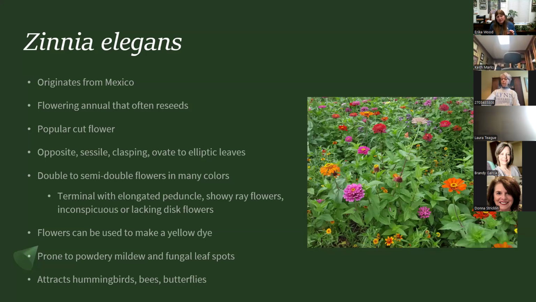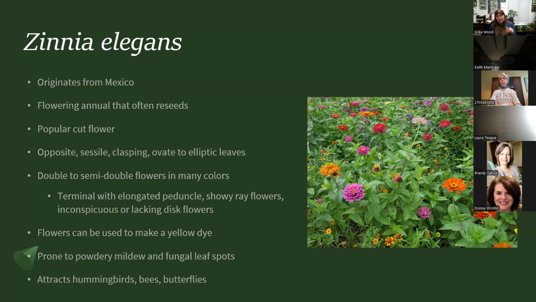But with zinnias, these are also not just a good pollinator plant, but they're a good cut flower. And so there are different flower shapes, from commonly kind of more of a buttercup shape to the double, semi-double flowers that you see. Sometimes the stamens, the reproductive parts, can be seen.